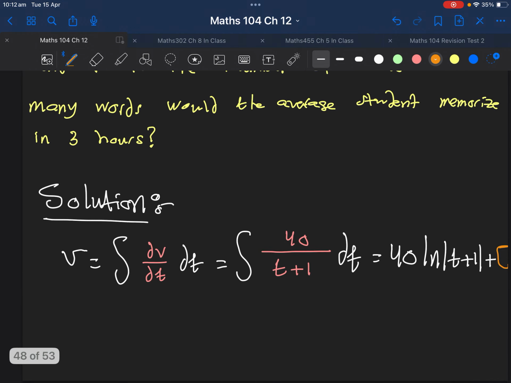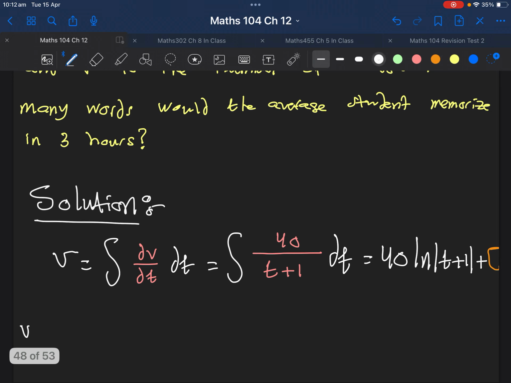How do we find the number c? Remember, if we didn't study at all, we shouldn't expect that we know any word. If you didn't study, you will memorize nothing. So all you need to do is plug in 0 here and 0 here. So remember, in this case, v equals 40 ln of t plus 1 plus c.